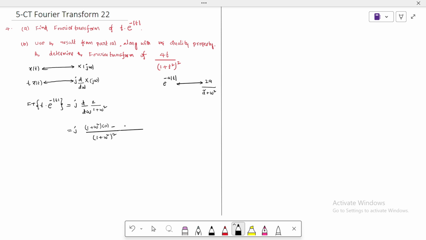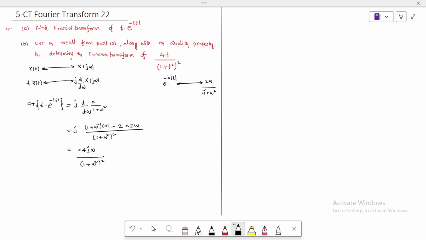So v dash equal to 2 omega, and u into v dash is 2 into 2 omega. So what we are getting is minus 4j omega by 1 plus omega square to the power of 2. So this is the answer.